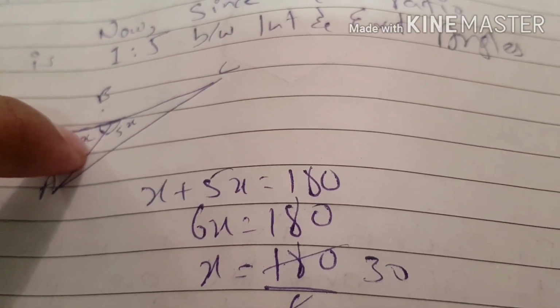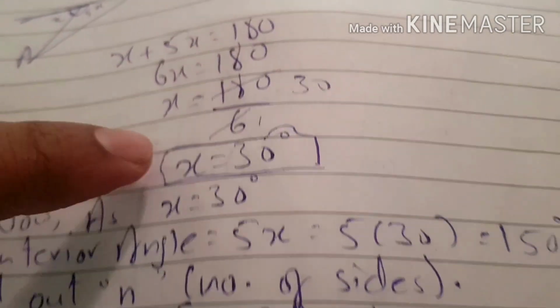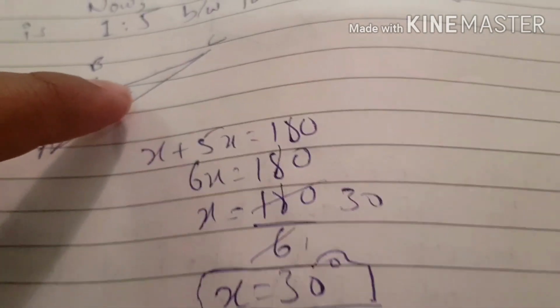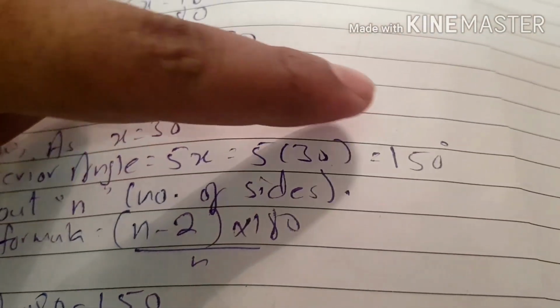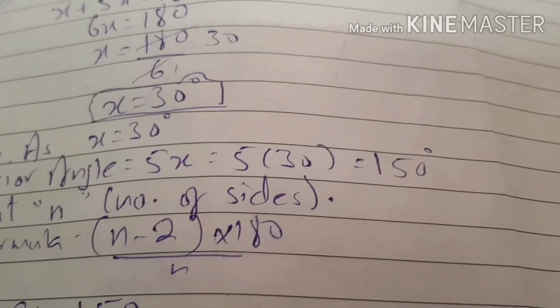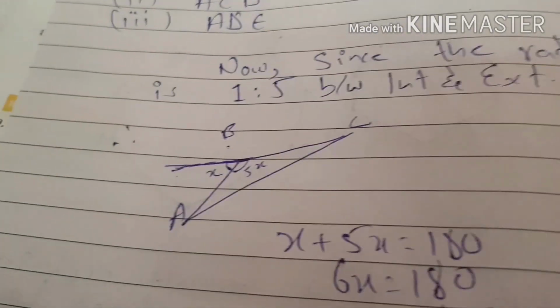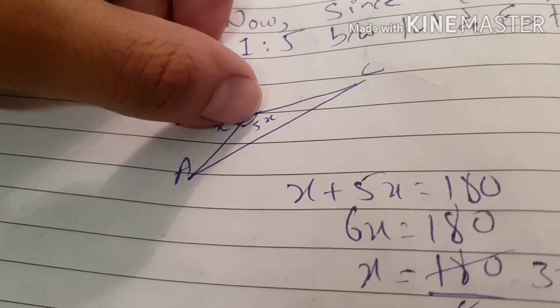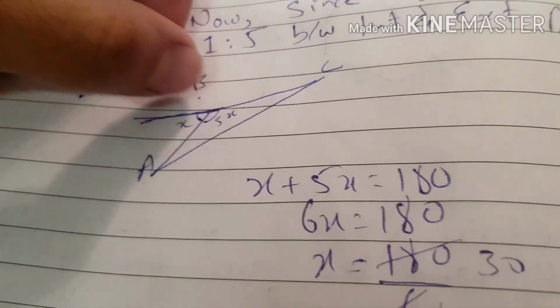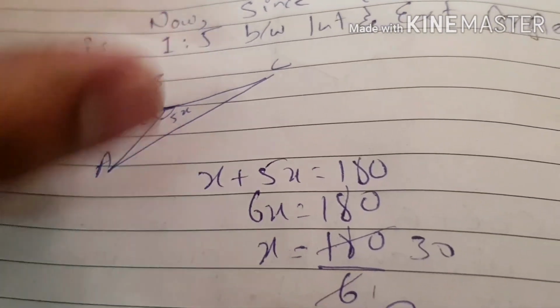Since the exterior angle is x only, x equals 30, and the interior angle is 5x, so x multiplied by 5, you will get the value of the interior angle, which is 150. So this part equals 150 and this part equals 30.